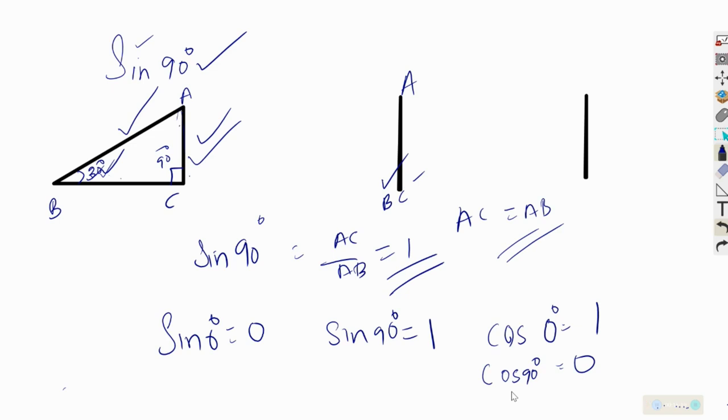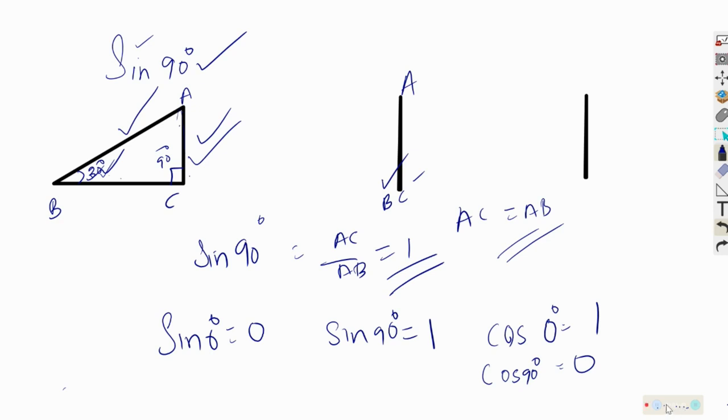Now, what basically you should understand, that trigonometry is telling about the ratios of different sides of the triangle in different situations. Situation means when the angles are changing. So, we will make a chart of this so that it will be easy for us to remember and understand.